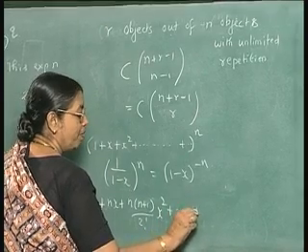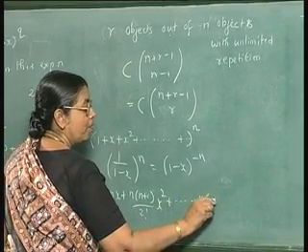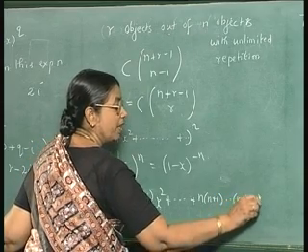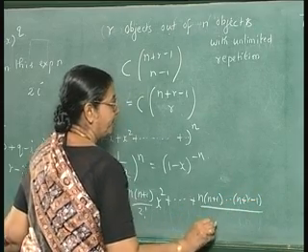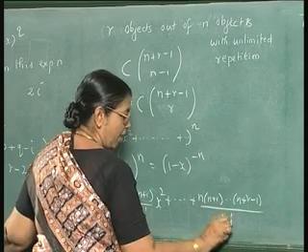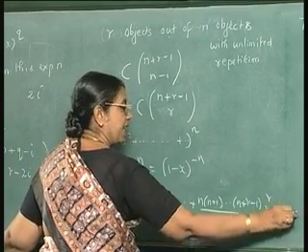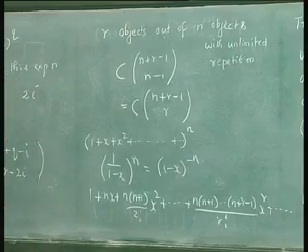Now, the coefficient of x power r will give you the number of ways of selecting r objects out of n objects with unlimited repetition, and this is this expression, and this is nothing but this. Okay. This we have earlier seen by different arguments.